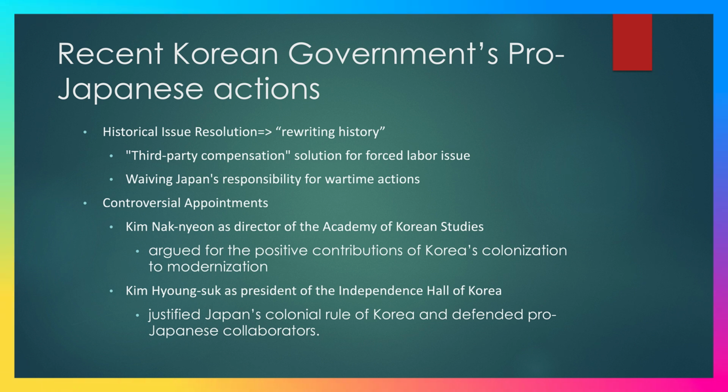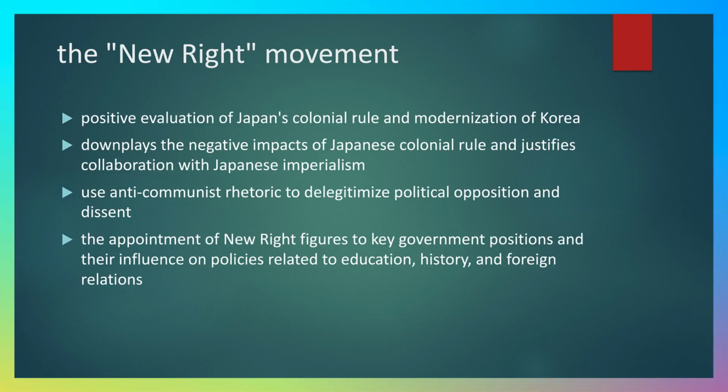So this government is appointing all these new directors and presidents to government institutions, and they're all pro-Japanese scholars, right? So there's a movement called the New Right, and these two scholars and President Yoon are key personnel in this New Right movement.